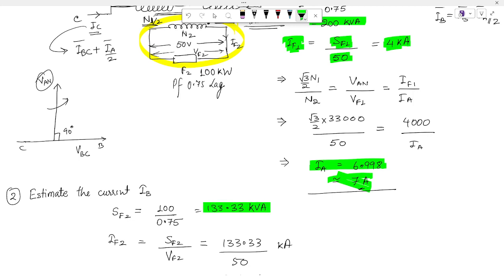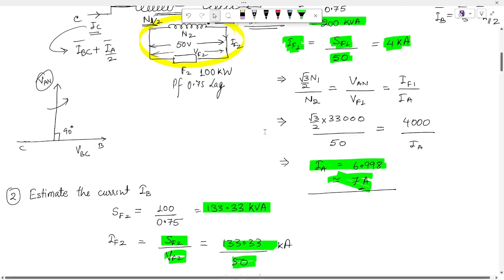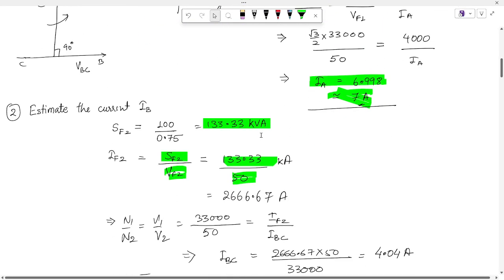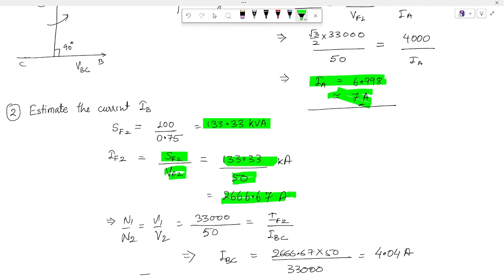Similarly, once the kVA is known, divide by the voltage to get the current. Same logic as we have done in the previous section. So we get the current as 2666.66 amps. Again, turns ratio are inversely proportional to the current drawn.